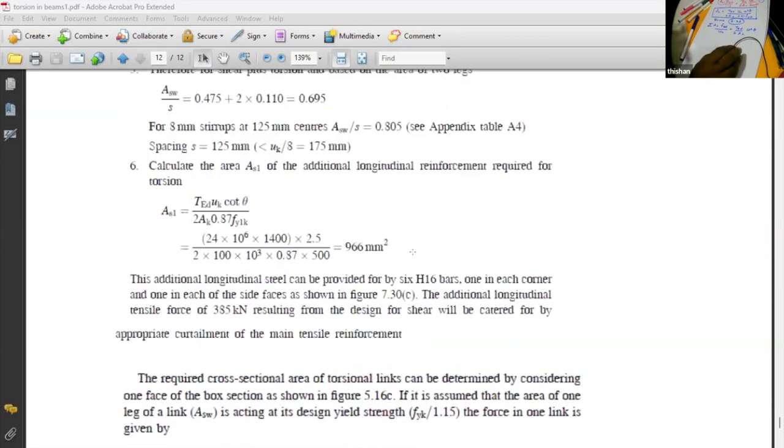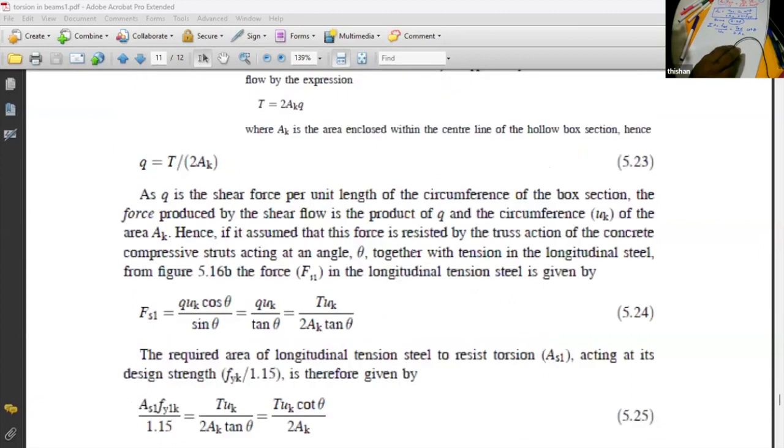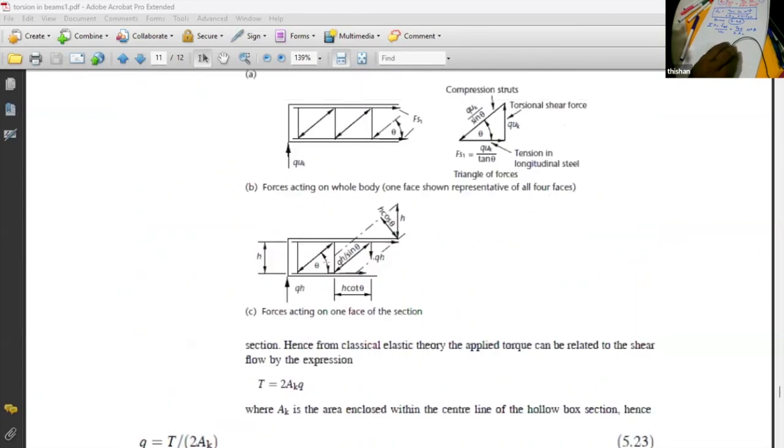If you look at this diagram now, here you can see this h cot theta. Over h cot theta, what is the force? Over this distance, the vertical force is Q h.